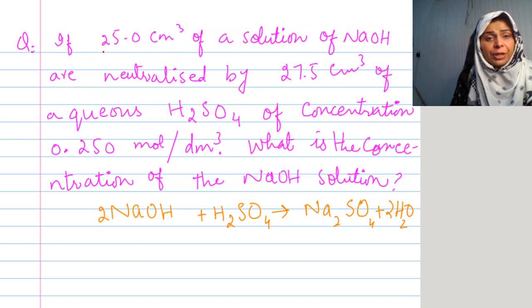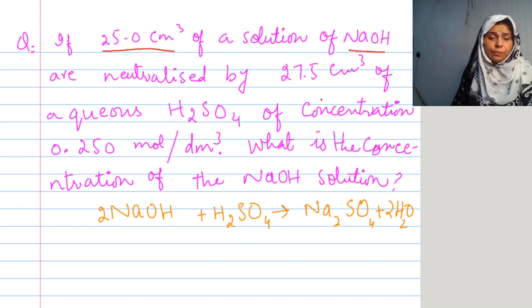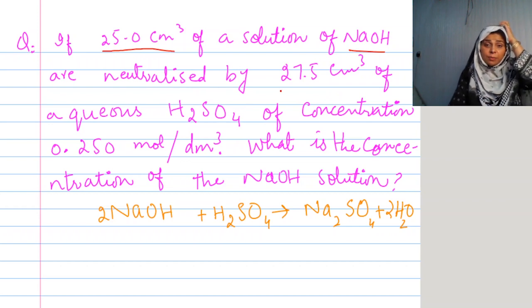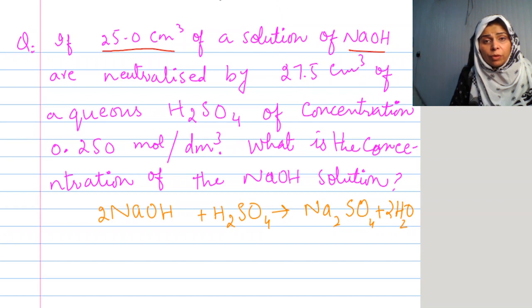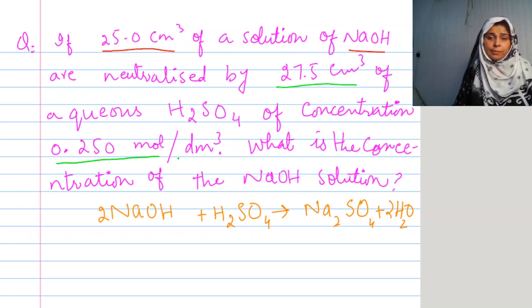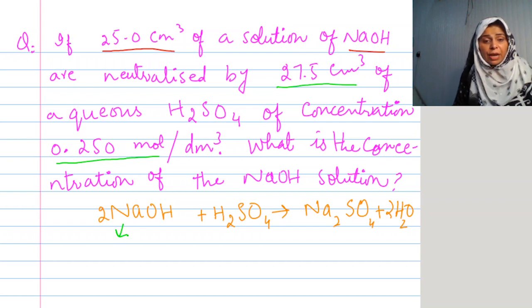If 25.0 centimeter cube of a solution of NaOH is neutralized by 27.5 centimeter cube of aqueous sulfuric acid, what is the concentration of NaOH? We have to calculate the concentration of NaOH.